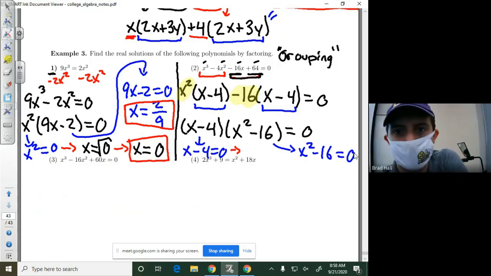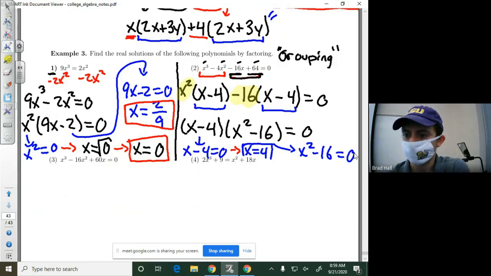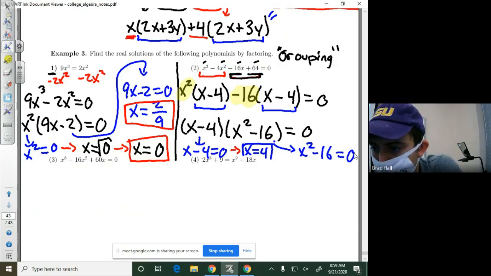So if anything, we get that x is 4. We get x is equal to 4 from the first one. The second one, you can either use a difference of squares or just solve for x.